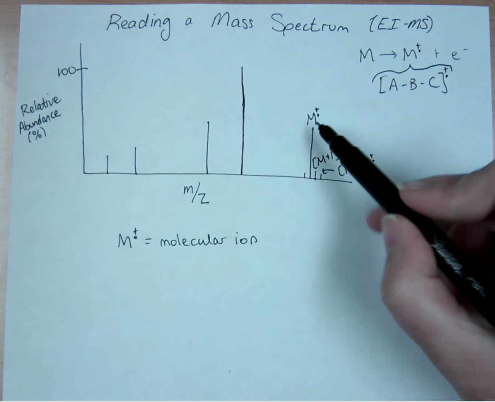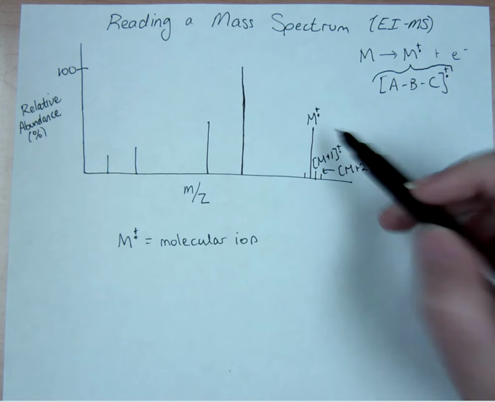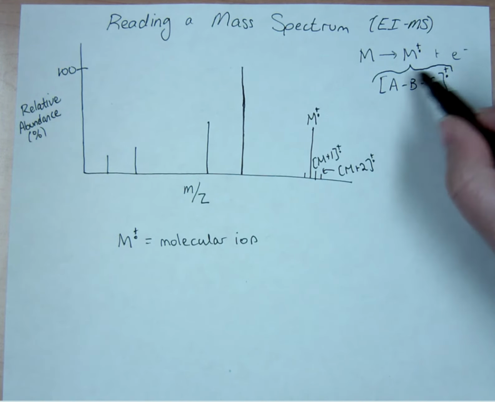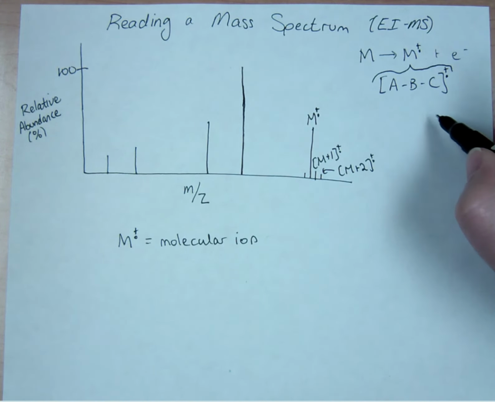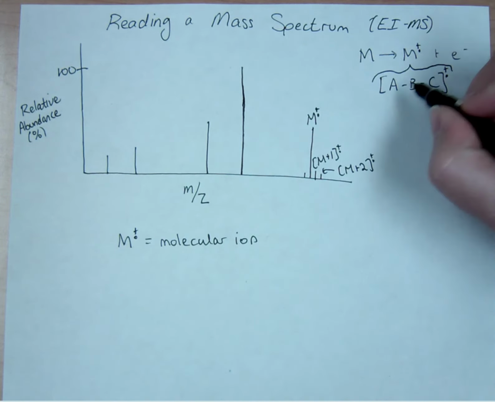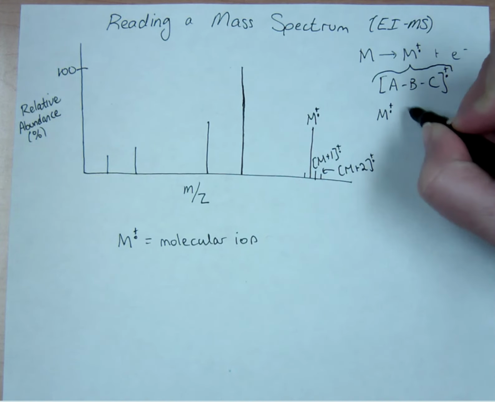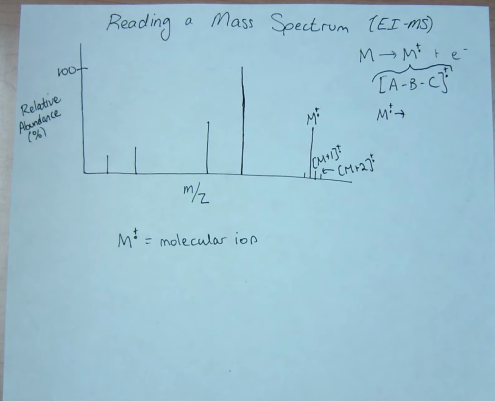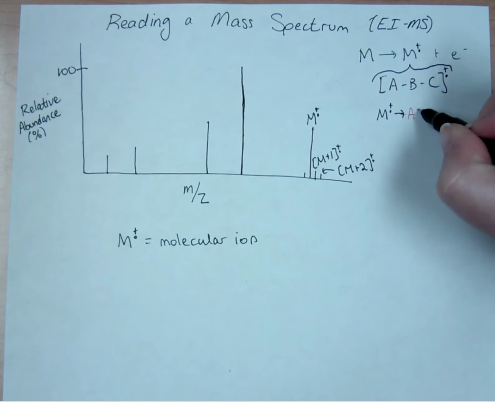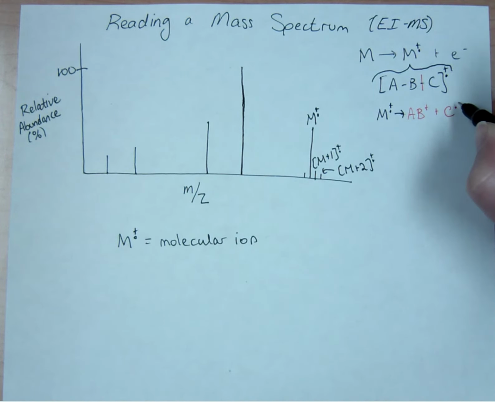So when it's intact, we have the M dot plus. However, if this can fall apart, we have a variety of options here. Our M dot plus can fall apart in a couple of ways. We can break it, perhaps here, and we can get an AB plus and a C dot, where the radical stays on one of them.